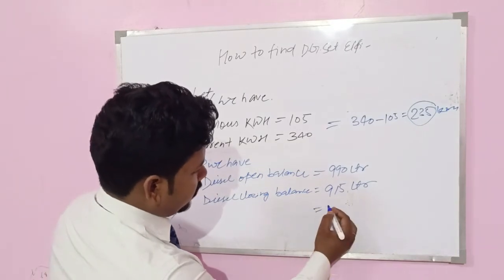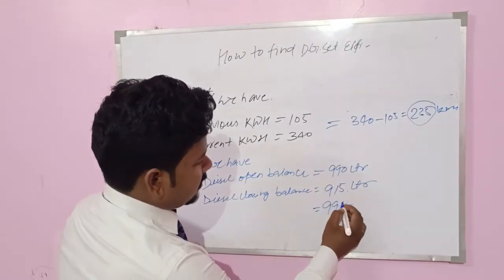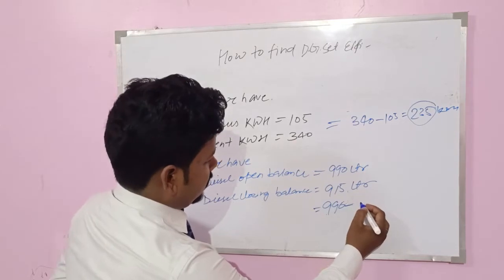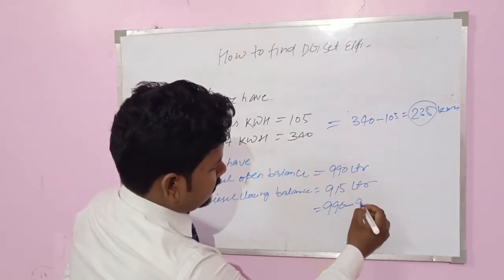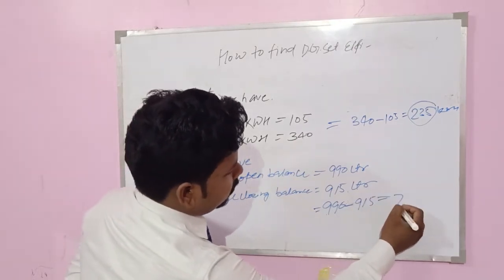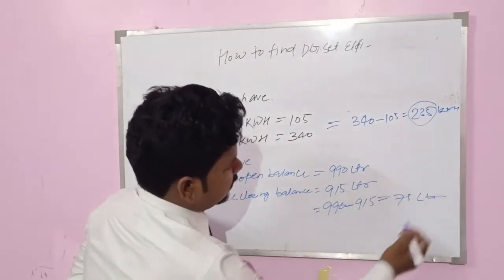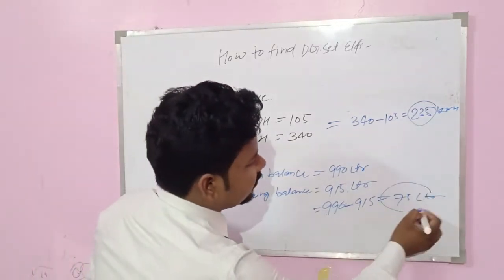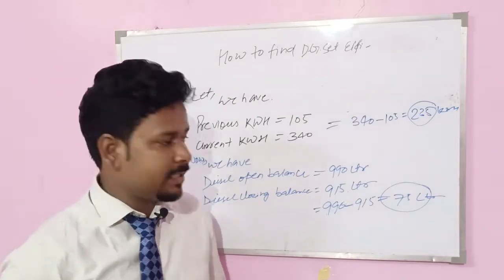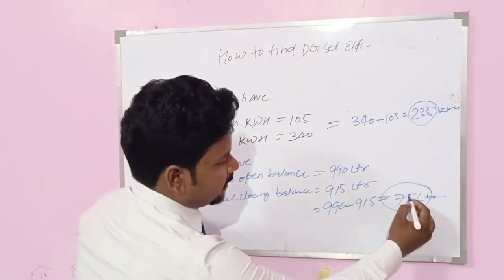Again we have to do opening balance minus closing balance, then you get 75 liter. The consumption of DG is 75 liter.